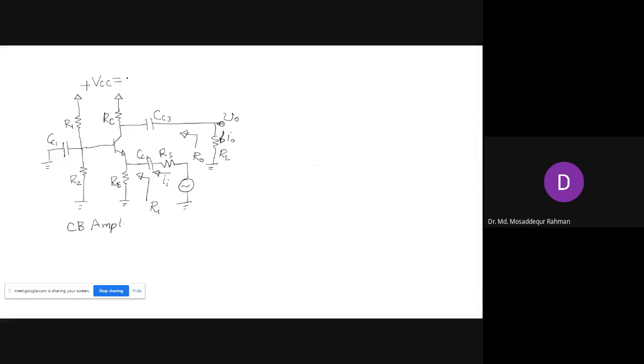We set this voltage to 0. Then these two terminals get connected to ground.